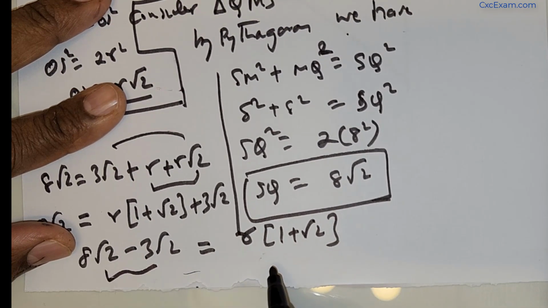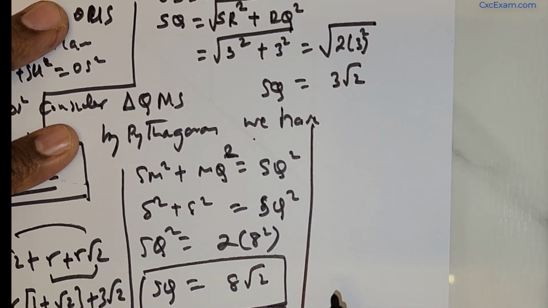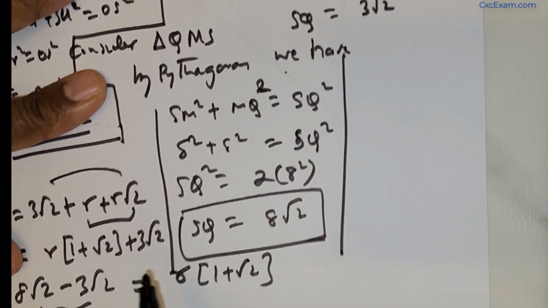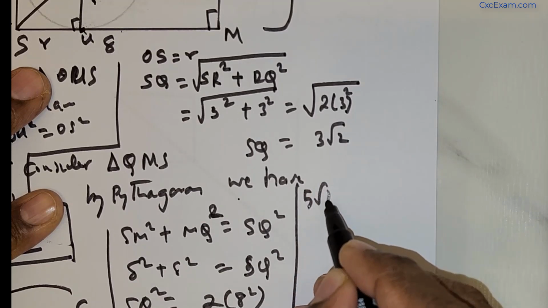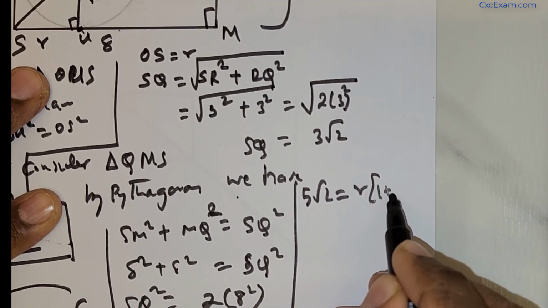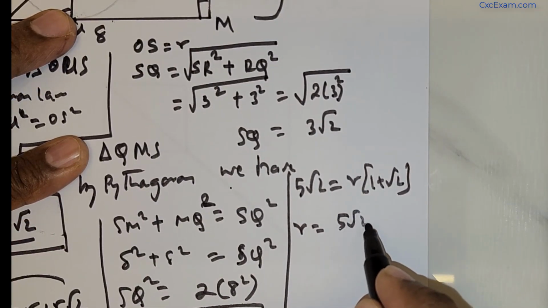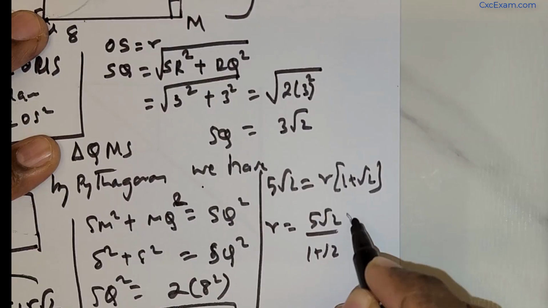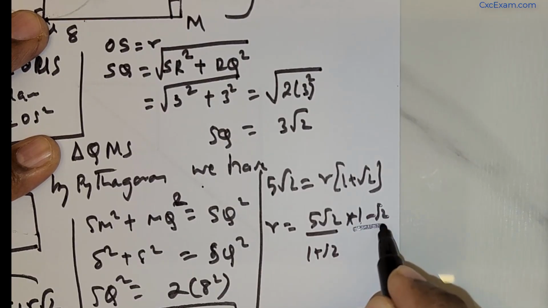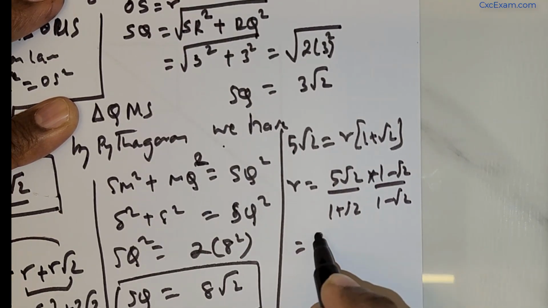So 8 and 3 will give me 5 root 2 is equal to R of 1 plus root 2. So R is equal to 5 root 2 over 1 plus root 2. So I multiply by 1 minus root 2 divided by 1 minus root 2.